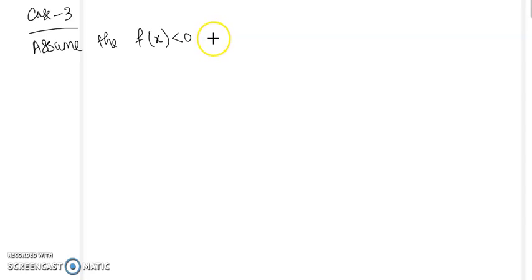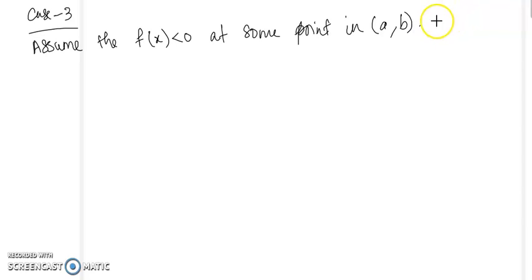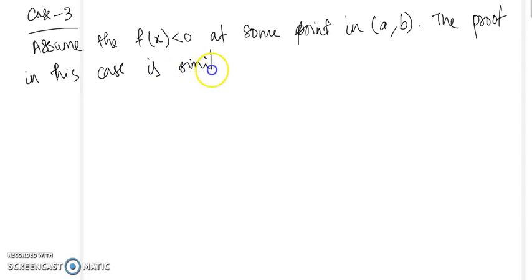So we assume that f of x is less than 0 at some point in open interval AB. So the proof in this case is similar to case 2, hence the proof holds in case 3 also.